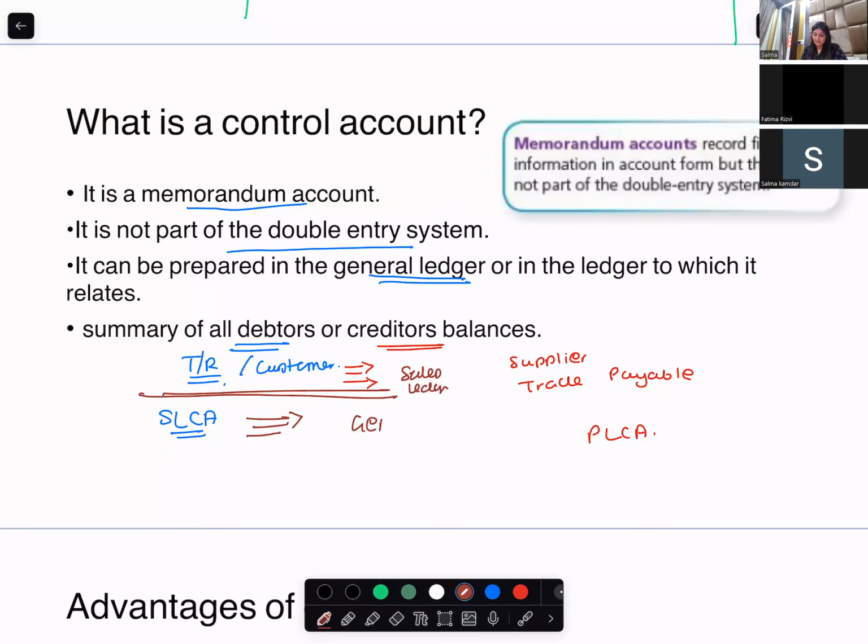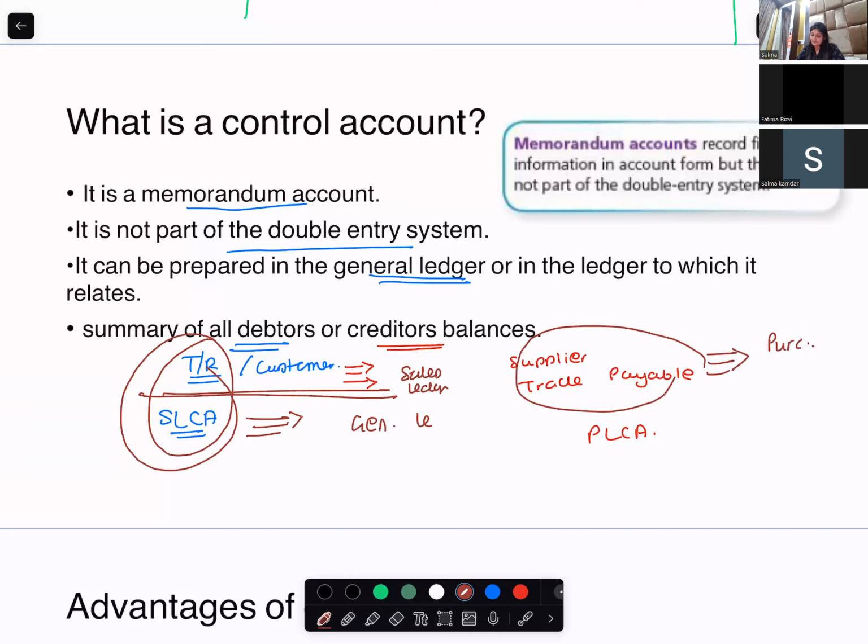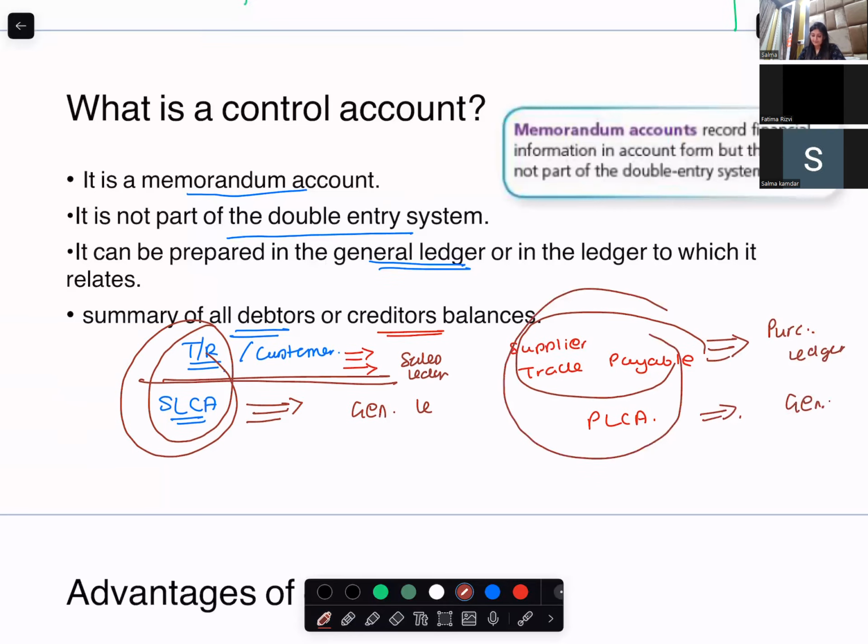General ledger. And both these accounts look the same. Similarly, the supplier or trade payable account is maintained in which ledger? Purchases ledger. And PLCA? General ledger. Both these accounts look the same.